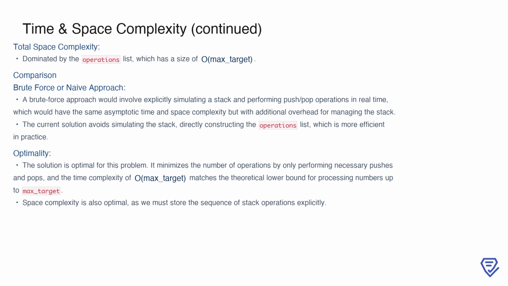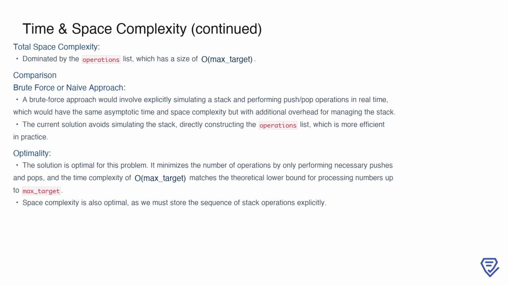Comparing this solution to a naive approach, a brute force method might involve simulating a stack and performing push and pop operations in real time. While this would have the same asymptotic time and space complexity, it would introduce extra overhead for managing the stack structure. By directly constructing the operations list, this solution avoids that overhead, making it more efficient in practice.